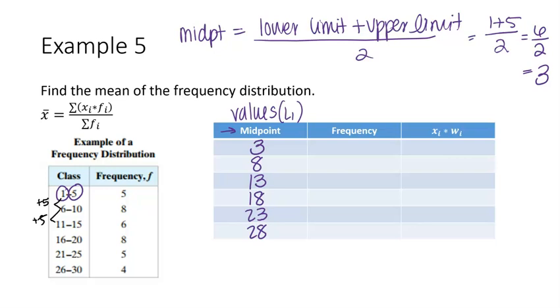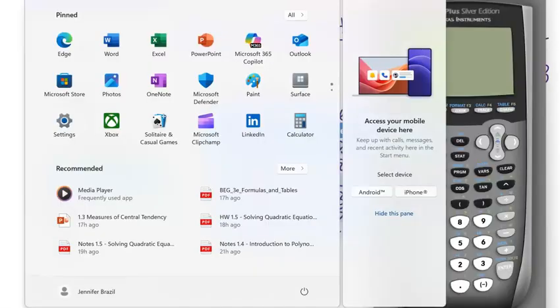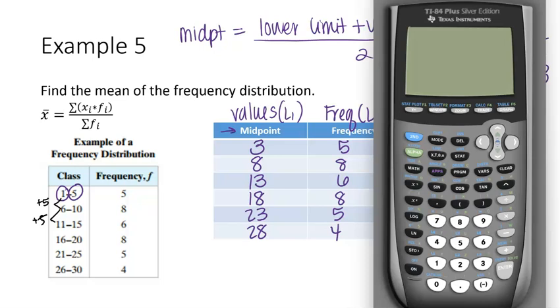Our frequencies are given to us: 5, 8, 6, 8, 5, and 4. And this is just a chart that sets us up if we were going to do this by hand. Remember, our weights, or our frequencies in this case, are going to go into L2. So we're not actually going to complete the table at this point. Instead, we're going to move over to our calculator.